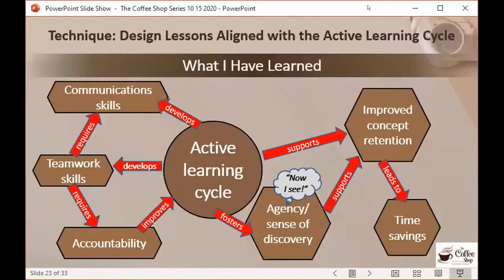So this is my last slide here on what I learned from doing this with my students. And one of the things that was really surprising was that you can design these active learning activities, and they can take about the same amount of time during your class as it would take to develop a vocabulary lecture in your class.